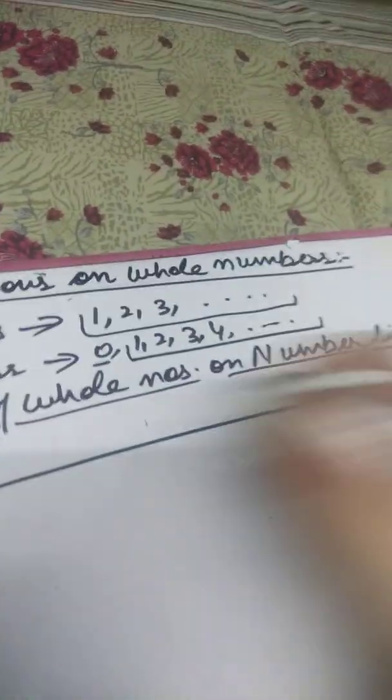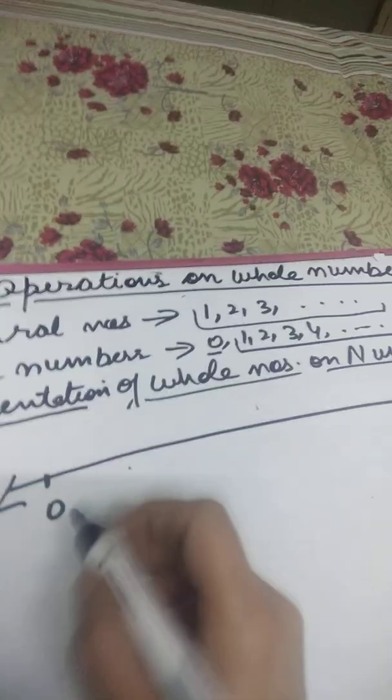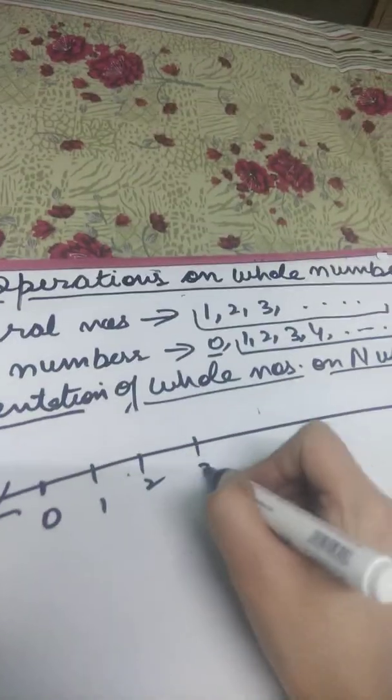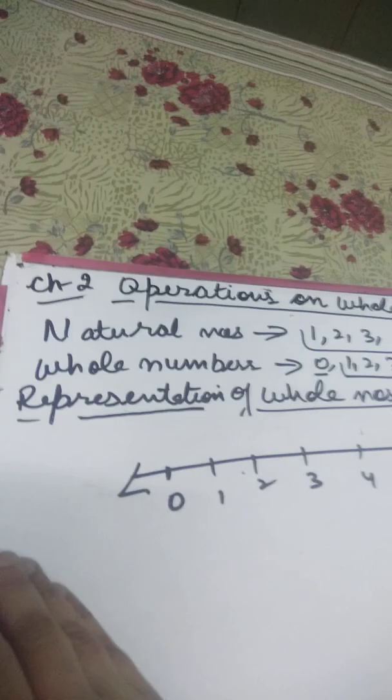Next, I'm going to explain here the representation of whole numbers on the number line. How to represent the whole numbers? We draw a straight line with arrows on both sides. The reason is that it's not that I begin with 0, then 1 and 2 and so on. This means we have negative numbers on this side, which will be taught later.